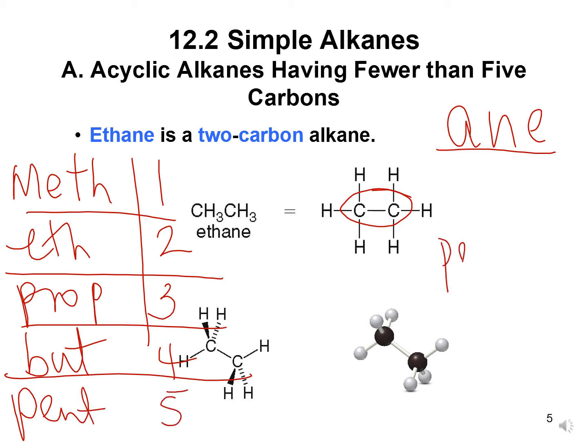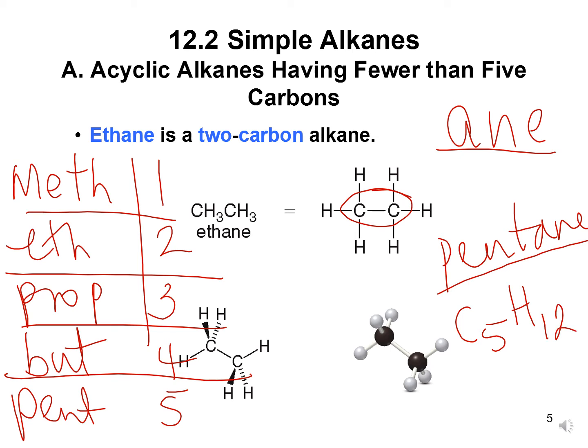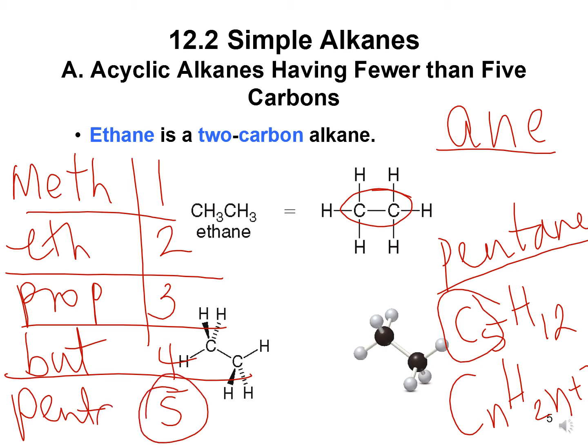Therefore, pentane would be a 5 carbon atom alkane, with 12 hydrogens, because the formula is CnH2n+2. So 10 plus 2, 12 for pentane. So 5 carbon atoms would be pent, and since it's an alkane, we will do pentane.